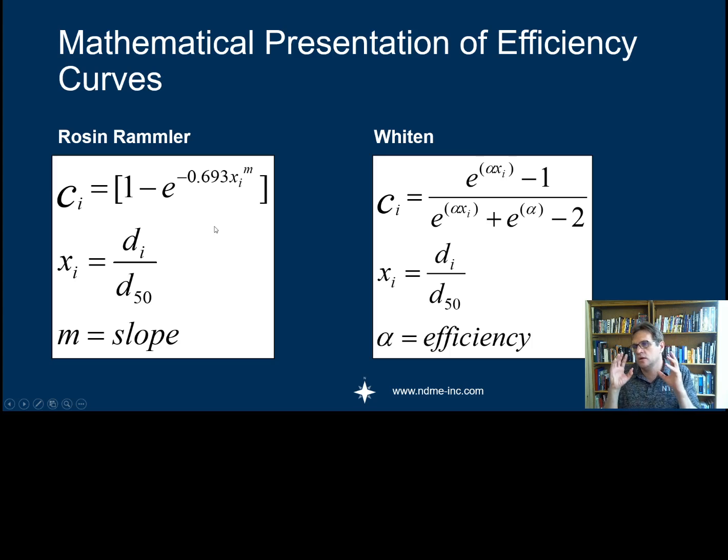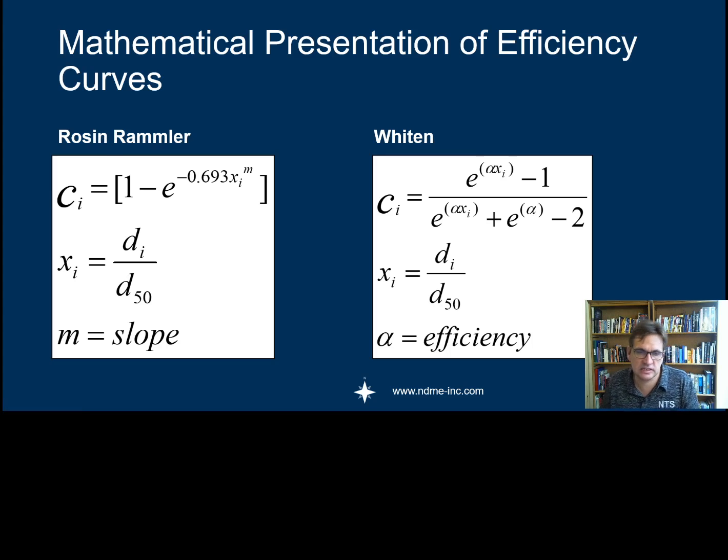They are two cumulative probability distribution curves, a type of math curve. You can look in any statistical book and you will find plenty of probability distribution curves that you can fit. But as metallurgists, to facilitate communication between us, we often have two broad schools that we use, Rosin-Rammler and the Whiten. I almost personally view it as the Australian and the Canadian types of curves.